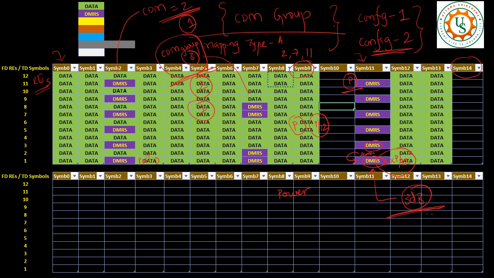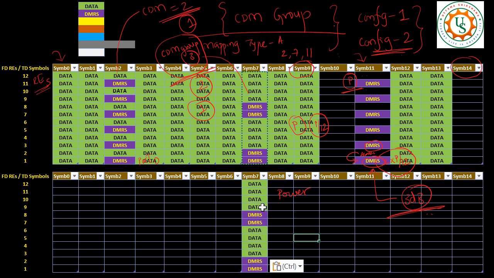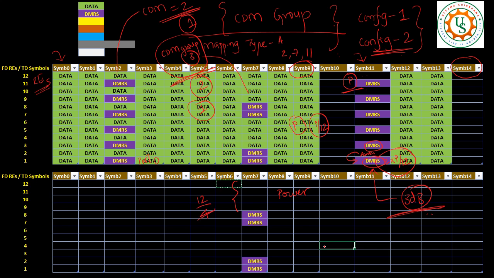Similarly, what about in case of CDM group? If you see here, out of 12, only 4 REs are occupied, which means this is 3 times.